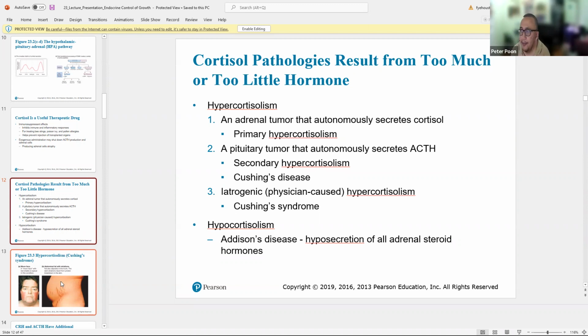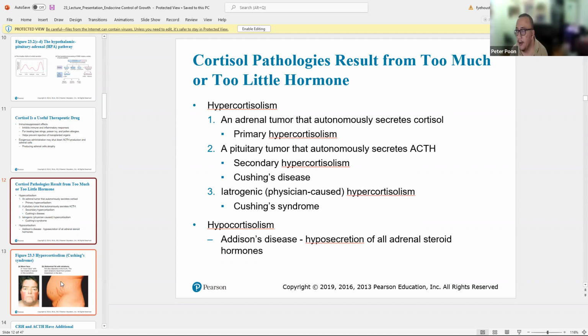Cortisol pathologies result from either too much or too little. Hypercortisolism is caused either by an adrenal tumor that secretes too much cortisol, that's primary, or secondary, a tumor that secretes too much ACTH, which then gets your body to secrete too much cortisol.